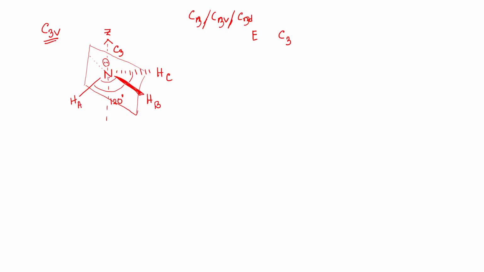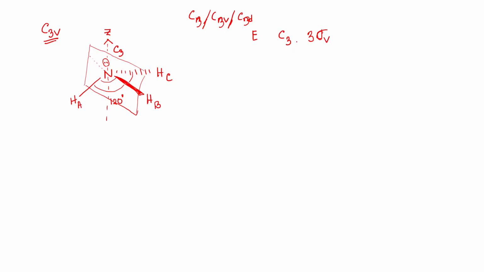So three sigma v's are going to be there. Are they going to be equivalent or different? They are equivalent. So let me write three sigma v altogether. Three sigma v operations are going to be there.